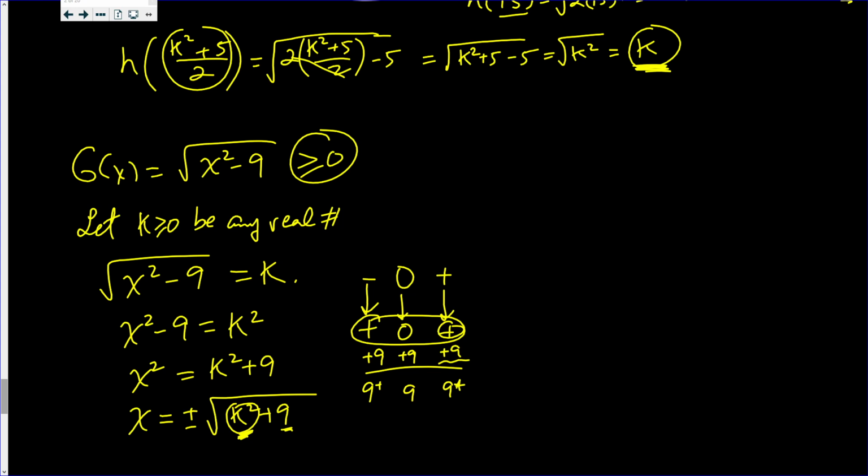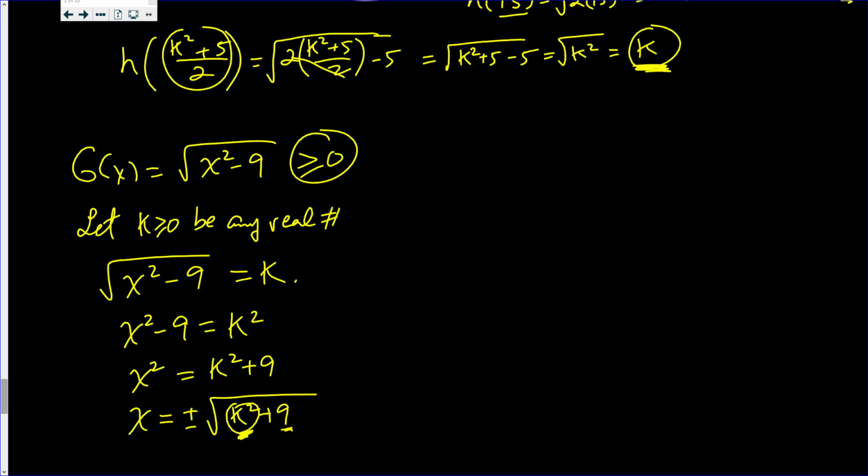Well, you can take the square root of numbers 9 and above. Okay, so I claim I found my x. In fact, I found 2 x's that I claim would work. Well, suppose I want to get 7. Suppose I want to get 7. So I'm claiming that x should be plus or minus the square root of 7 squared plus 9.